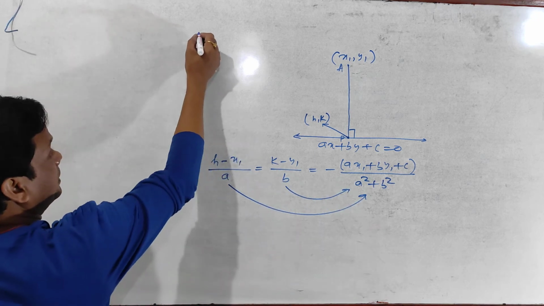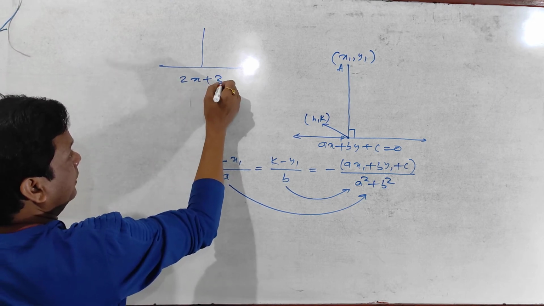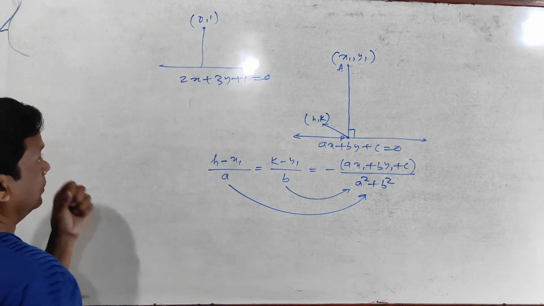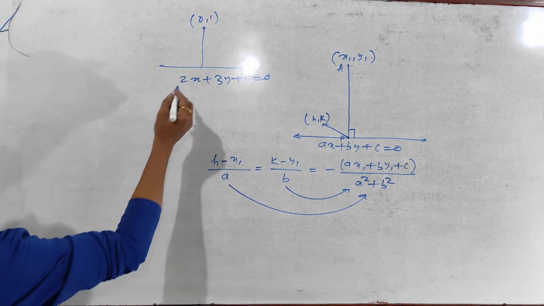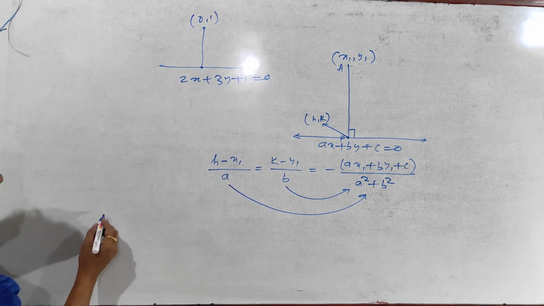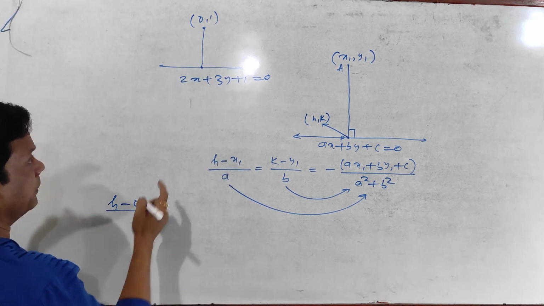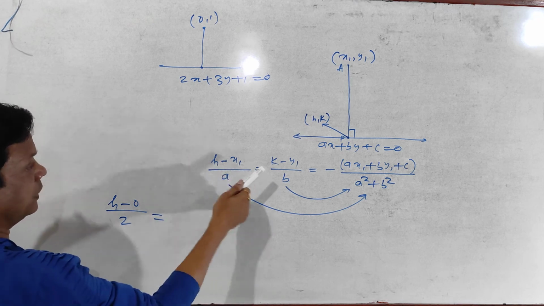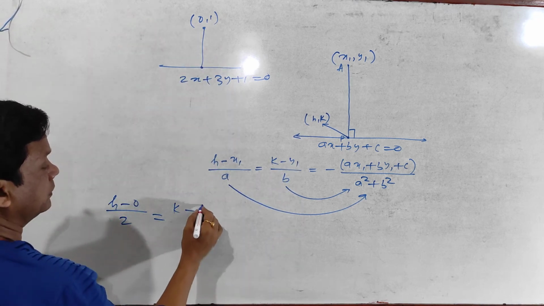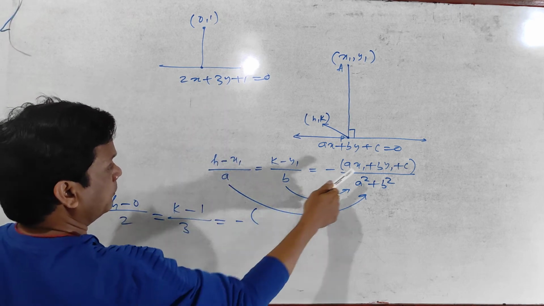See here, I am giving an example. This equation is 2x plus 3y plus 1 equal to 0, and this point is (0, 1). So how to find the coordinates of the foot? Let the coordinates be (h, k). According to this formula, h minus x1, where x1 is 0, divided by a, which is 2, is equal to k minus y1, which is 1, divided by b, which is 3, equal to minus (ax1 plus by1 plus c).